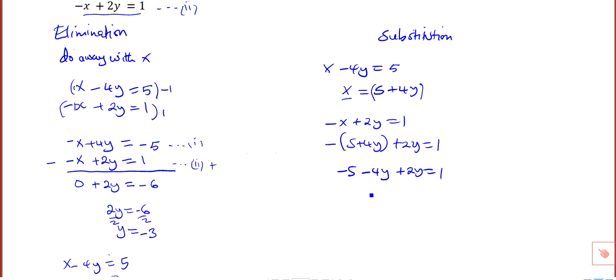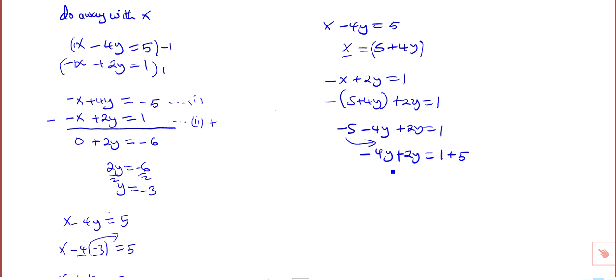Collecting like terms, I want to have the values of y alone on my left hand side: negative 4y plus 2y is equal to 1 plus 5. Now 5 crosses and becomes plus 5. Negative 4y plus 2y is negative 2y, which is equal to 6. Dividing both sides by negative 2, you find that y is equal to negative 3.